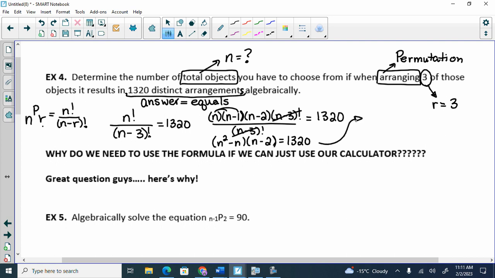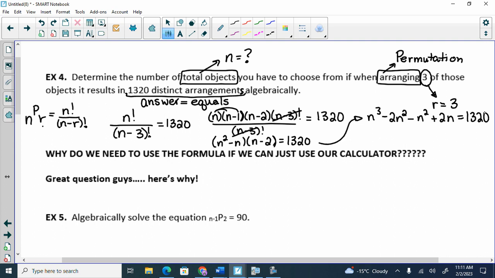And then we FOIL this out, so we get n squared times n is n cubed. N squared times negative 2 is negative 2n squared. Negative n times n is negative n squared. Negative n times negative 2 is positive 2n. And it equals 1,320.